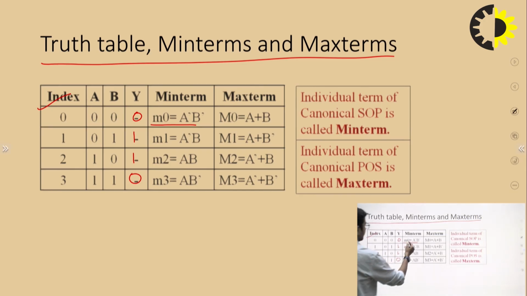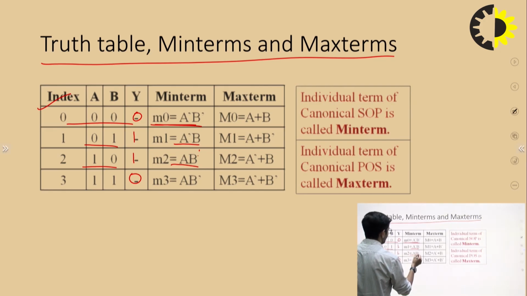For the first term, A and B are 0, that's why I have written A bar and B bar. For the second term, A is 0, B is 1, so I wrote A bar and B. For the third term, A is 1, B is 0, so we write A, B bar. And for the fourth term, A and B both are 1, so this is A and B.